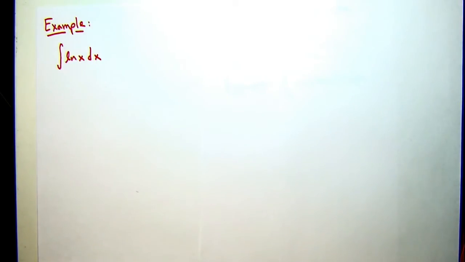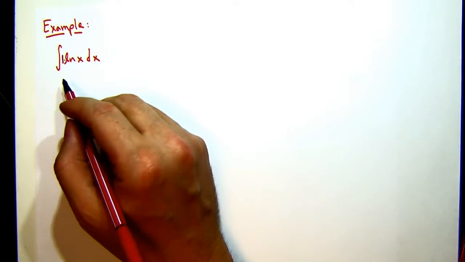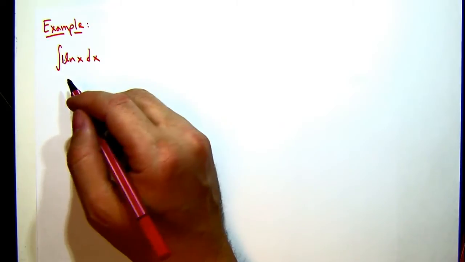And two, we're supposed to be learning about integration by parts, which says there should be a product. And I don't see two things multiplied. Well, the thing is, there's always that hidden 1. So if you don't see two things, just say, well, look, it's like 1 times something.